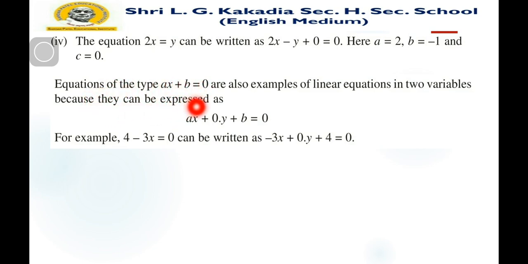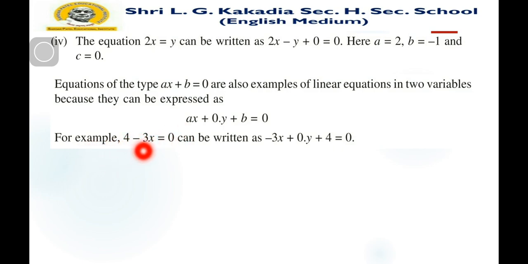Because they can be expressed as ax plus 0y plus b is equal to 0. We can see that the coefficient of y is 0. So we can write this equation in the form ax plus 0y plus b is equal to 0, so it is also a form of linear equation in two variables.